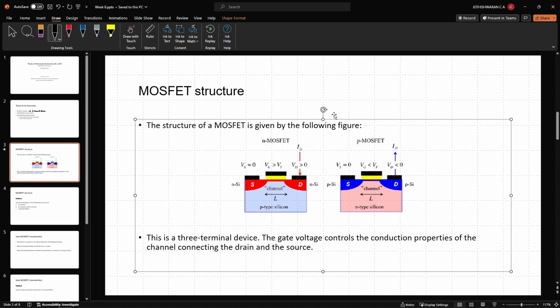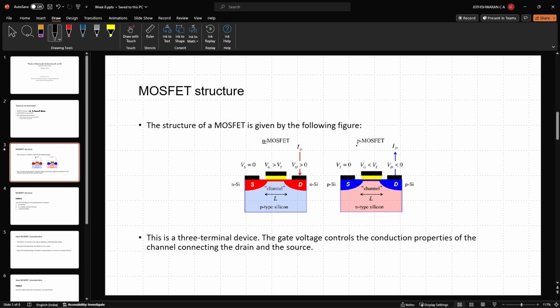So we have an N MOSFET and a P MOSFET. The N or P tells us about what kind of channel we have. This we shall again deal with in the subsequent weeks of this course.